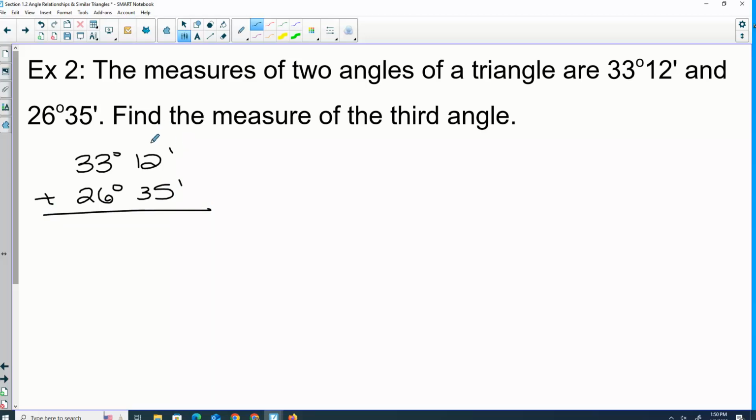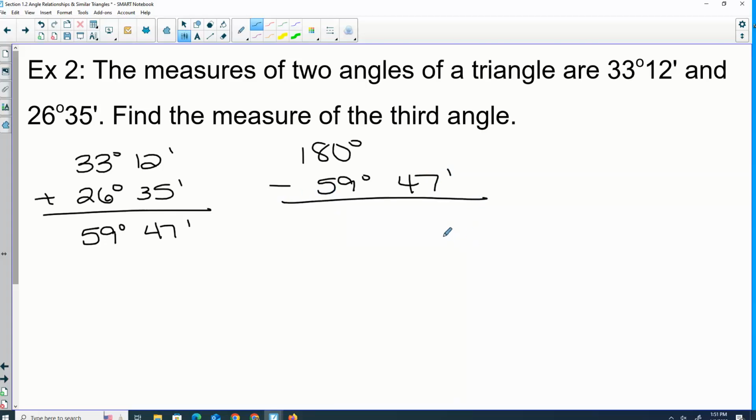So from yesterday, we add our minutes, we add our degrees, and then what would we do? Subtract from 180. Okay, so this is like 180 degrees 0 minutes.